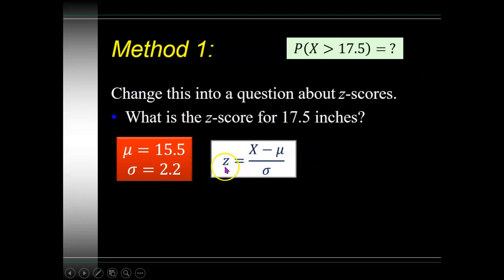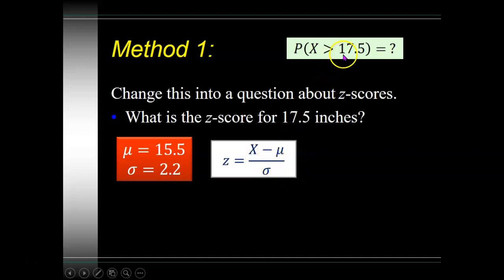The formula for z-scores is z equals x minus mu divided by sigma. So that means we take this number for x, we subtract the mean, and then we divide by the standard deviation. And if you're putting this into your calculator, remember that you do need parentheses around the subtraction part so that it knows to do the subtraction before the division.